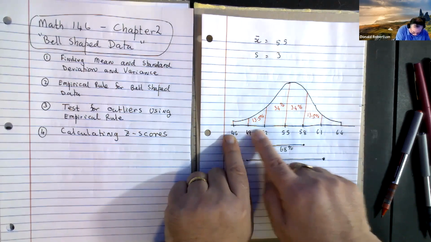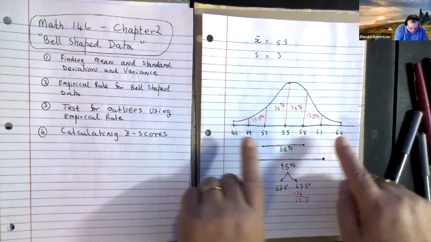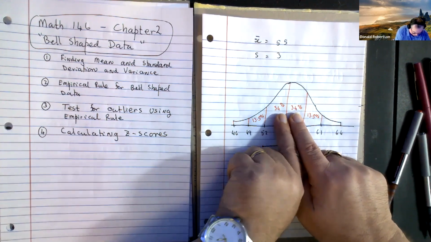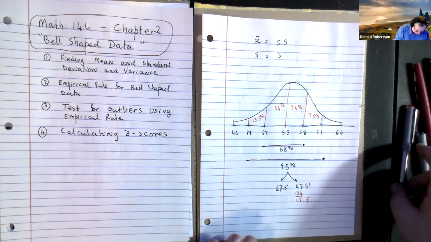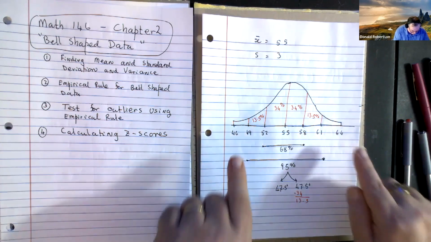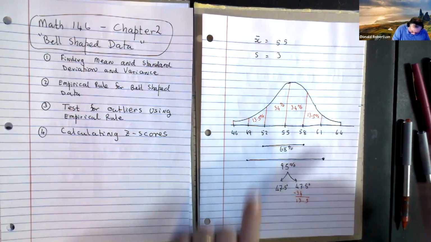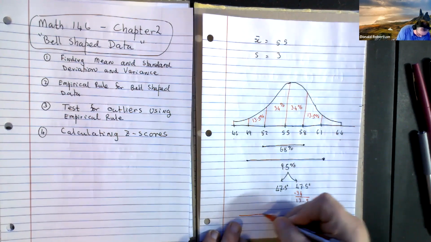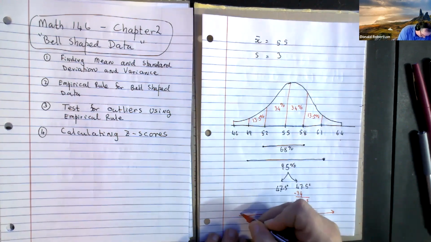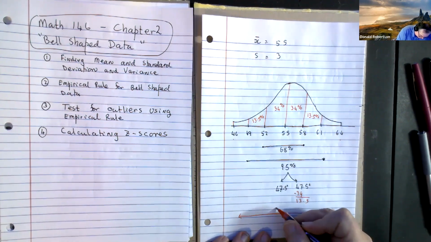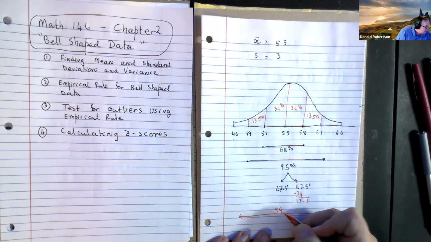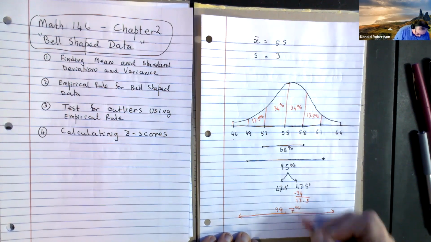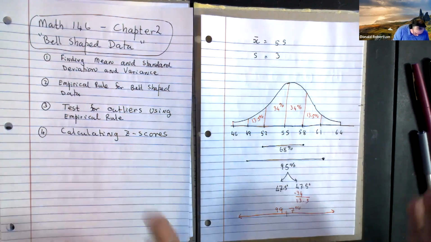This picture that I'm building is pretty much the same picture for all of these questions. The only thing that will change is the scales on the bottom. These two are going to be 34s, these are going to be 13.5s. Now if you go all the way to the end, 3 standard deviations, you get 99.7%, split equally.